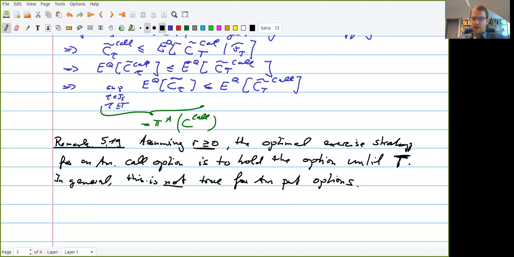So let us now study how the put-call parity is affected by changing from European to American options.